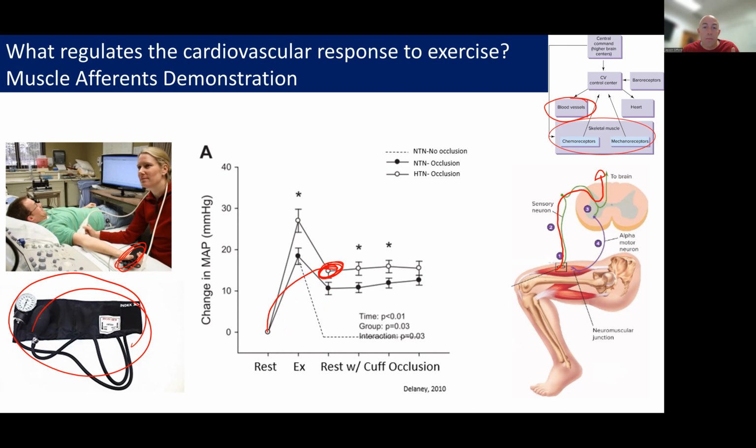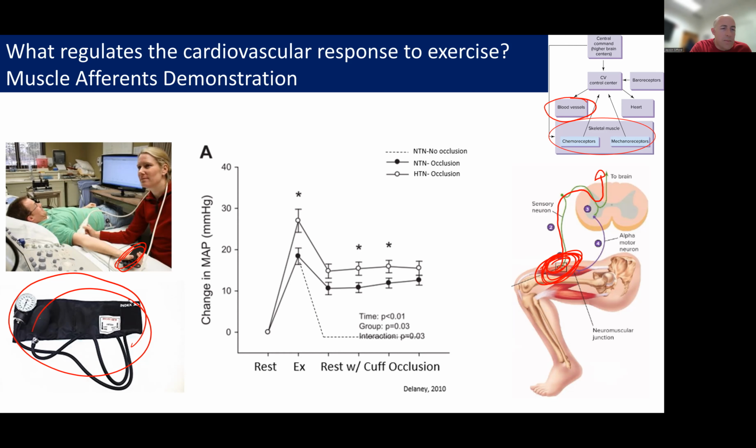If you expose them to a given amount of acid, maybe in these hypertensives their afferent nerves are more sensitive, so they have a greater response. Or it could just be that because they're out of shape, maybe they're producing more metabolites than normal. So they're stimulating the afferent nerves more than normal and getting a greater blood pressure response. Either way, these sensory nerves are really influential for your blood pressure and heart rate response.